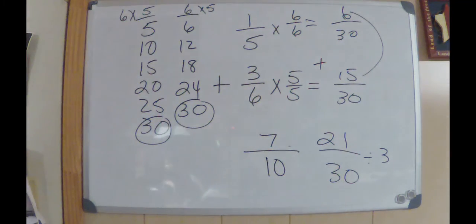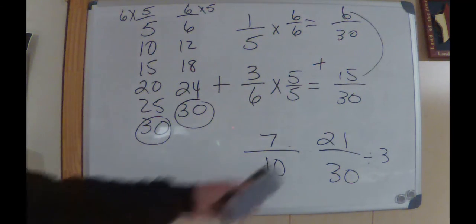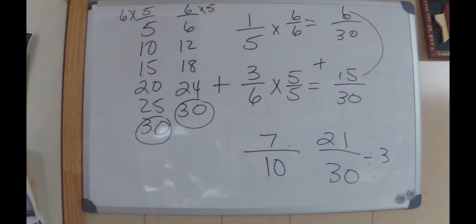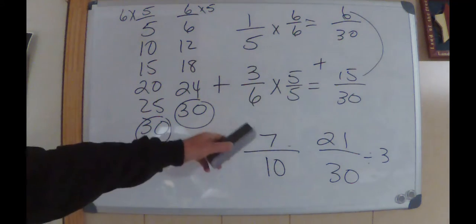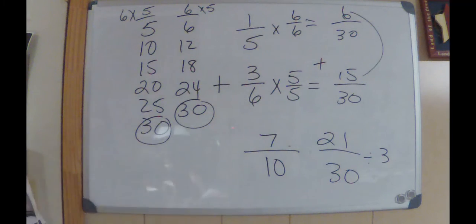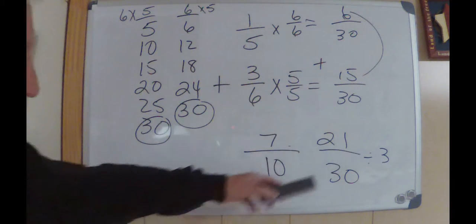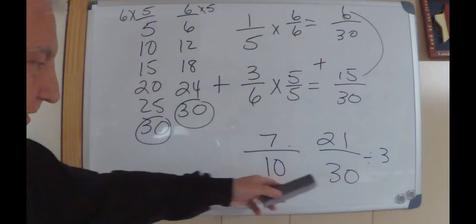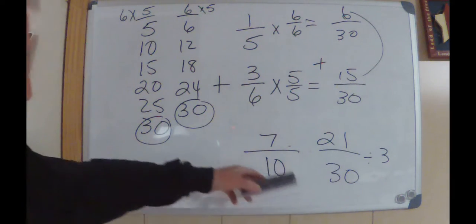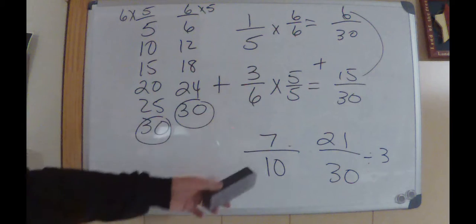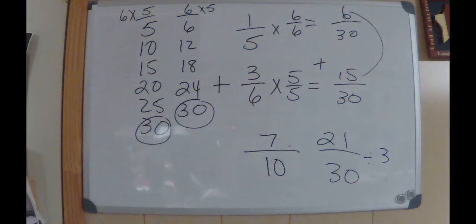So as the kids progress up into grades in middle school, they're going to be asked to reduce fractions like that to the lowest possible common denominator that they can use. And in this case, 21 divided by 3 is 7, and 30 divided by 3 rather is 10. And so 7 out of 10 would be the correct fraction for this one.